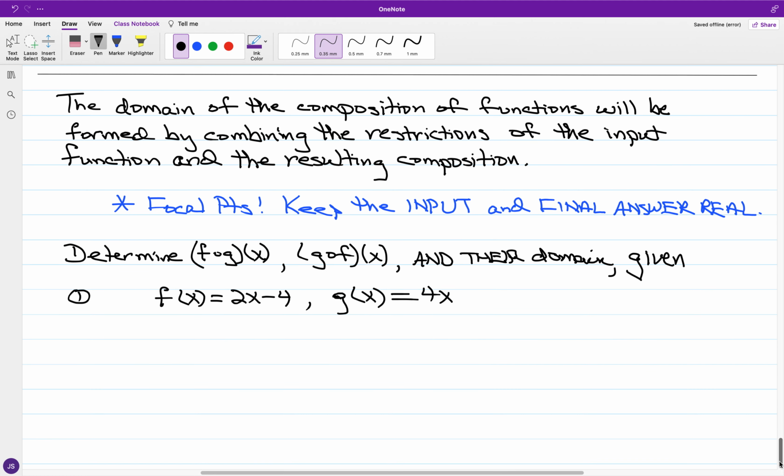So we have for the compositions, I have f composed with g of x, so we're looking at f of g of x. Now I'm going to go ahead and specify what the input is going to be.